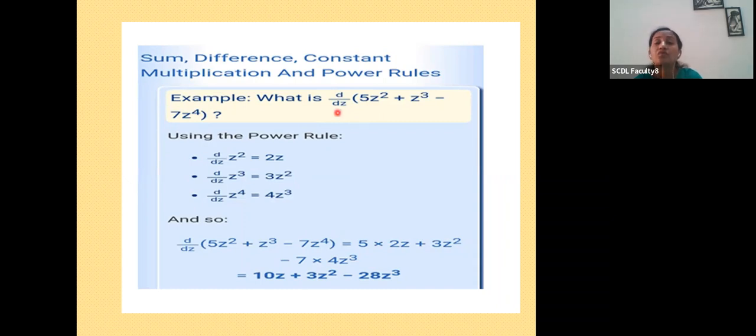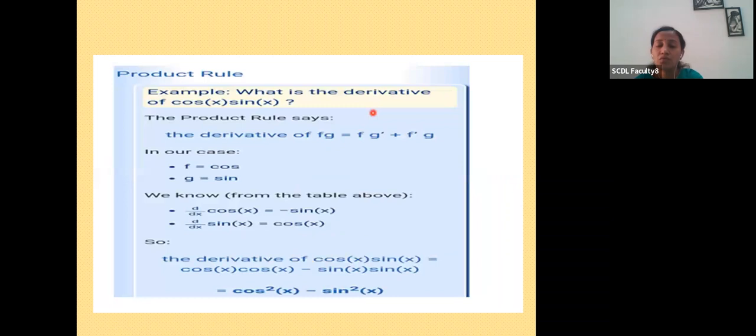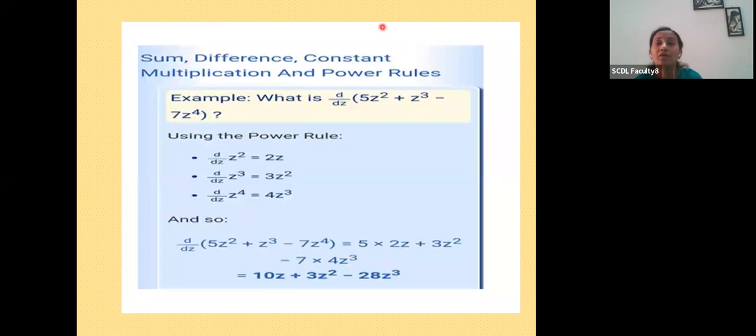First find the derivative of 5z squared, d by dz of 5z squared, then d by dz of z cubed, then d by dz of 7z to the fourth. In this way we will get our answer by using the power rule. Then go with our function: d by dz of 5z squared plus z cubed minus 7z to the fourth.